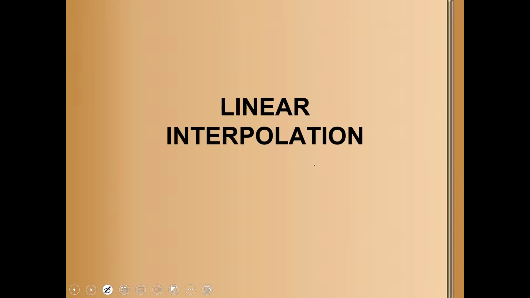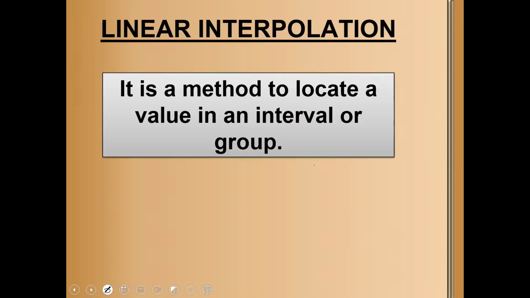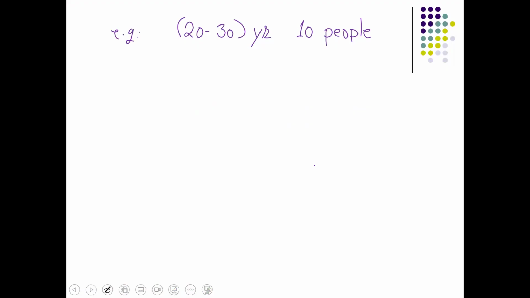Now, linear interpolation. What is linear interpolation? It is like a ratio method, used to locate a value in an interval or group. You can directly locate it without looking for actual numbers.